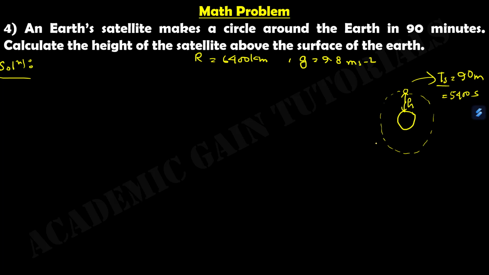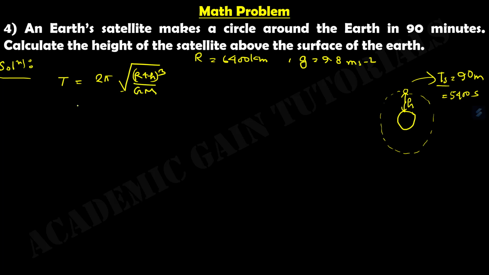We know the equation of the time period of a satellite is T equals 2 pi root of (r plus h) whole cube by GM.